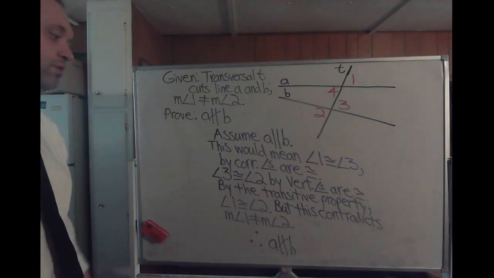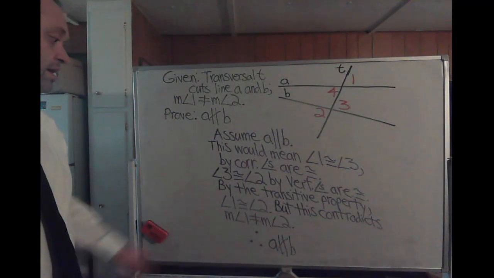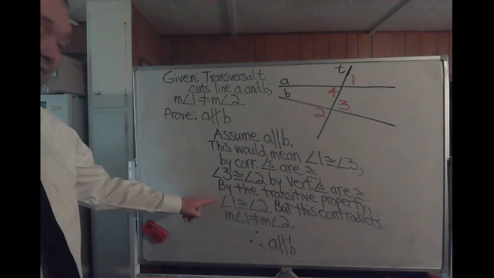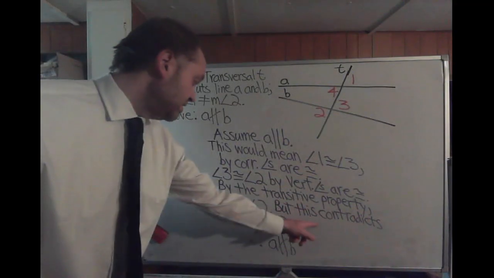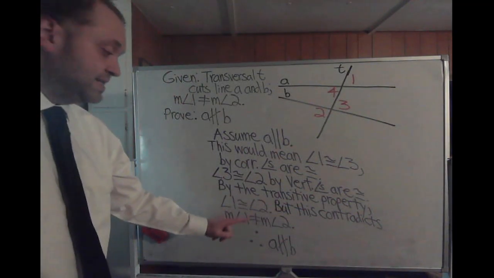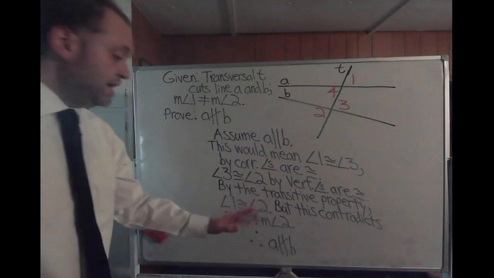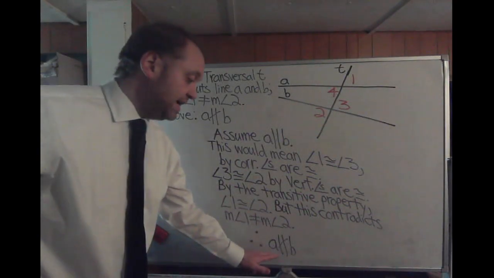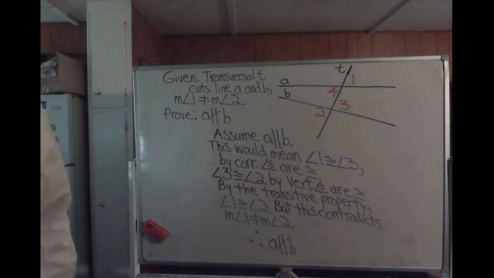Then, by the transitive property, angle 1 is congruent to angle 2. But this contradicts the measure of angle 1 does not equal the measure of angle 2. Therefore, what we set out to prove must be true, that A is not parallel to B.